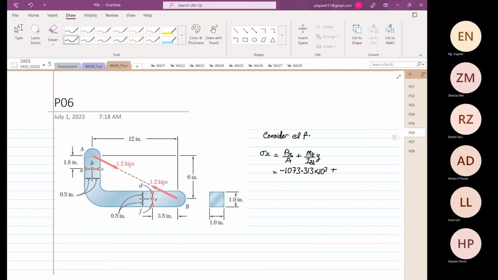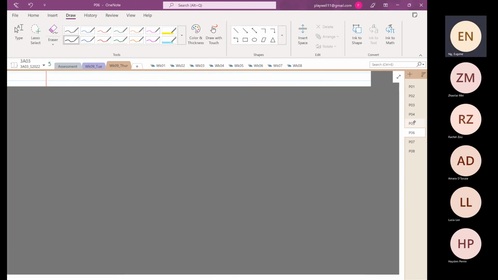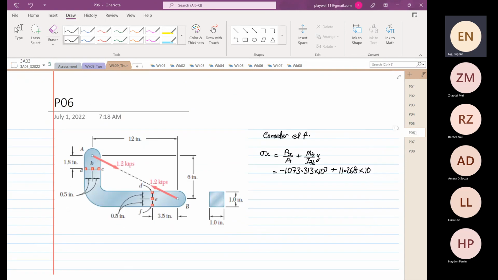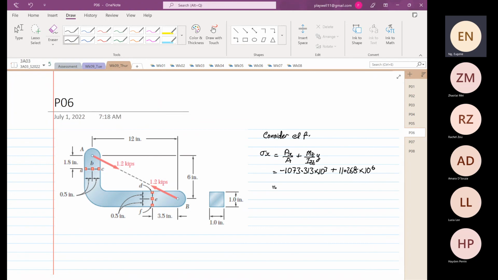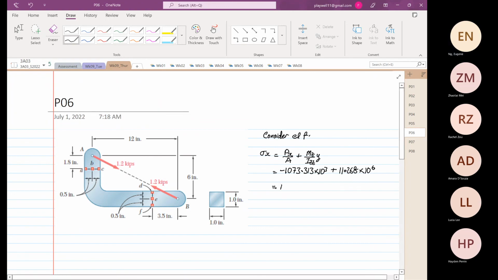11.268 times 10 to the power 6. So this is equal to minus 1073.313 times 10 to the power 3 plus 11.268 times 10 to the power 6, which is equal to 10.194 times 10 to the power 6 psi.